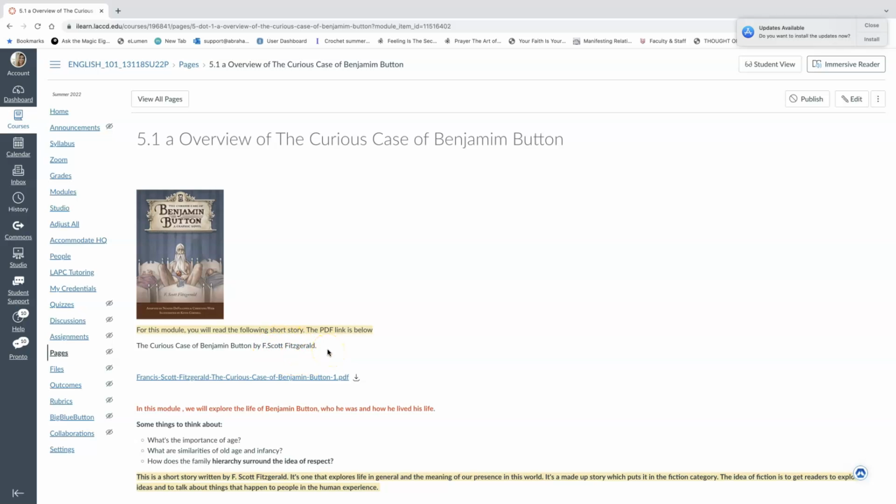Now, I don't want you guys to confuse this with the movie, The Curious Case of Benjamin Button. There is a movie that came out with the same name, and they did take the idea from F. Scott Fitzgerald, except the movie is completely different than the short story. Very different. Even the names of people have changed. The name of the wife, everything is different. So please do not watch that movie in lieu of reading the short story, because you will be completely wrong.